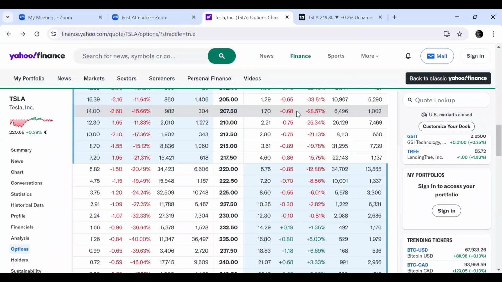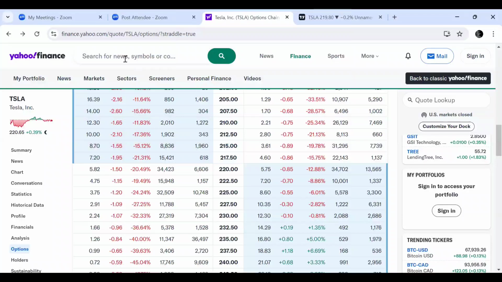And for that, we need to check the volume. That's what Dow theory is telling us. So the conclusion is, if you need to understand the range of the market, the support of the market, the resistance of the market, you can simply check the open interest of any stock. I'm using Yahoo, or you can use brokerage apps too.